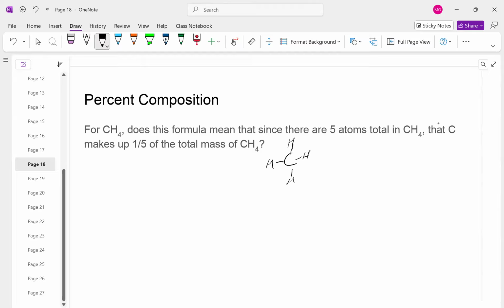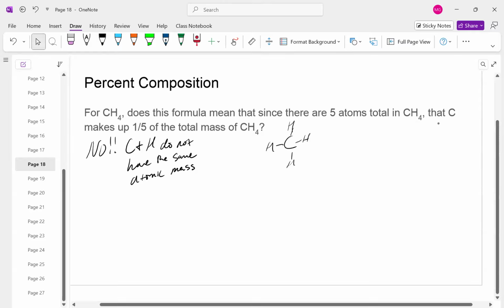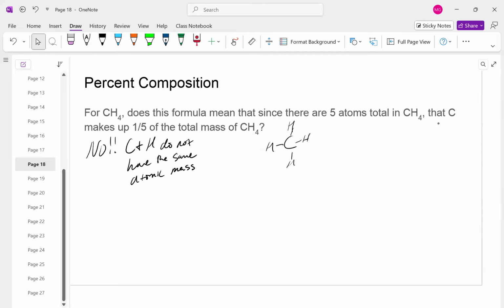Carbon and hydrogen do not have the same mass. They don't have the same atomic mass, and so they contribute different percentages towards the overall mass of CH4. And we can see that if we calculate the molar mass of a molecule.